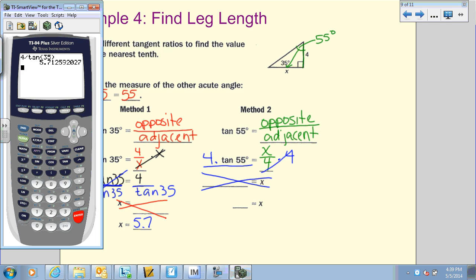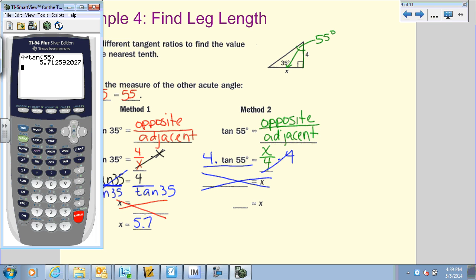We're going to do 4 times the tangent of 55 degrees this time. We hit enter, we get 5.7.